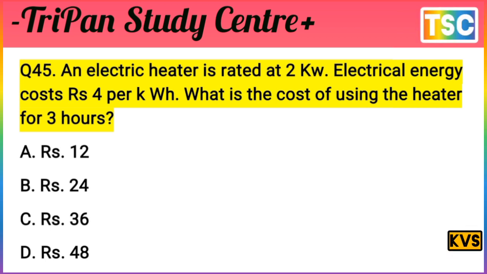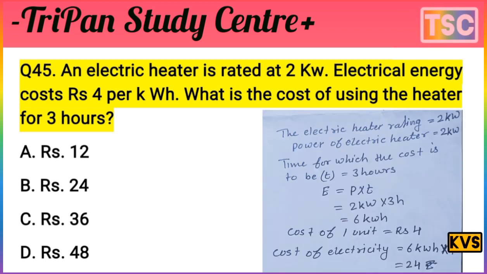Let's see the calculation in the notebook. Given: the power of the electrical heater is 2 kilowatt, and the time is 3 hours.